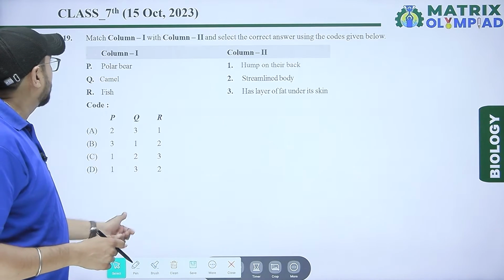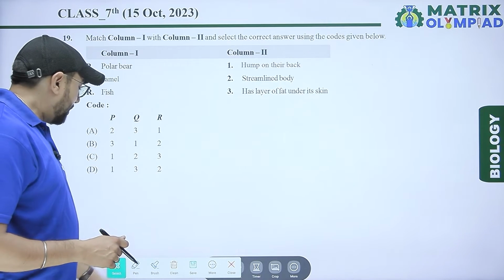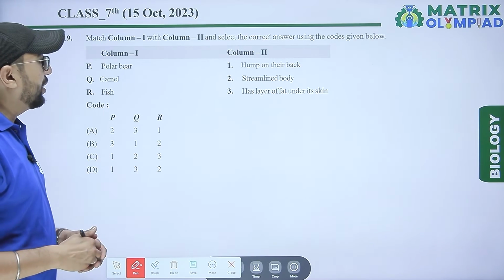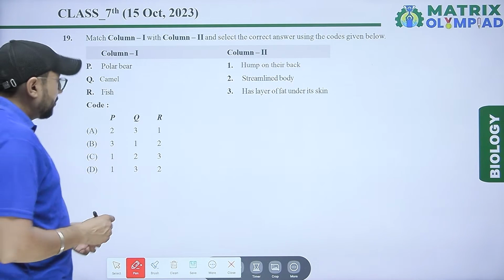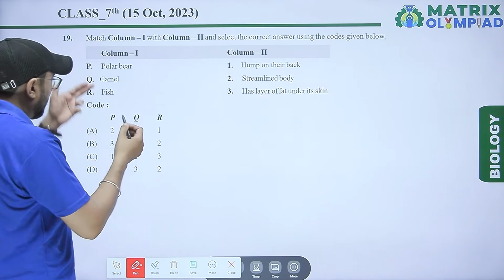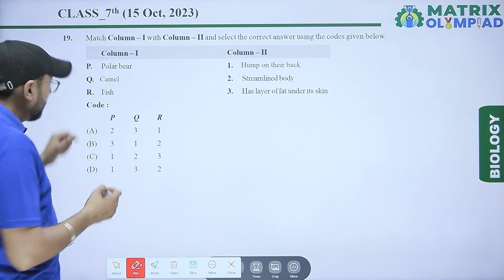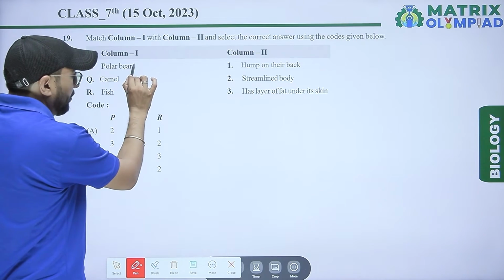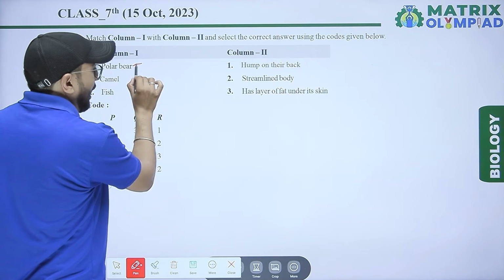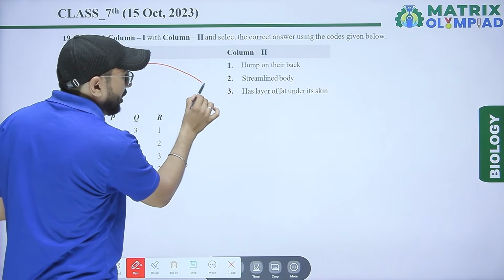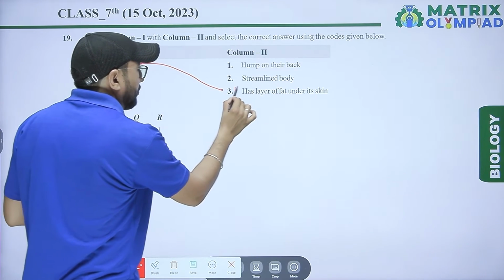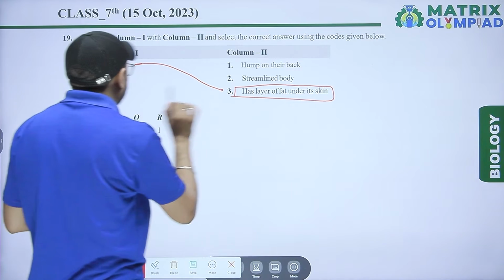Next, match the column first with the column second. Polar bear, camel and fish. 3 options. Polar bear has fat in its skin for warmth.